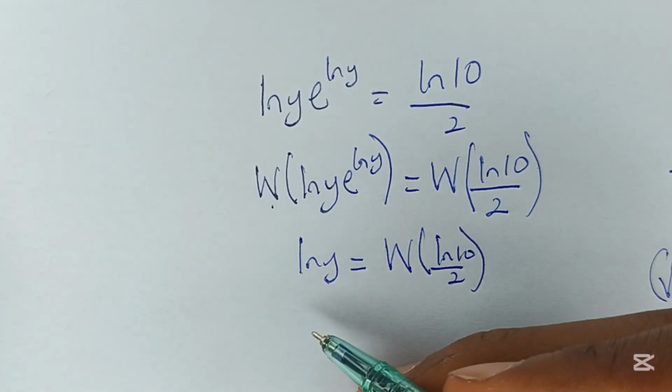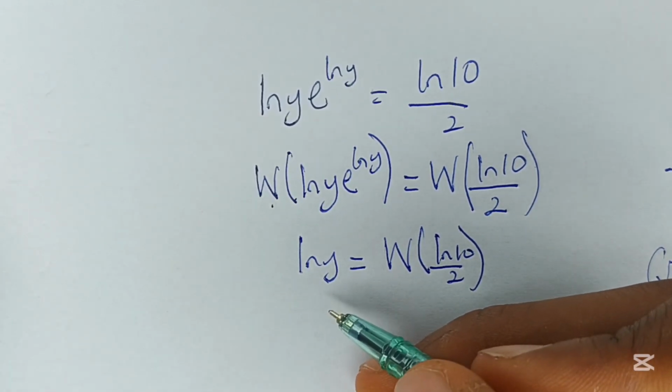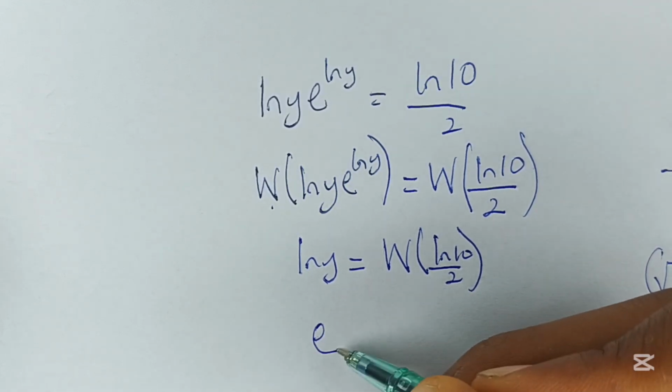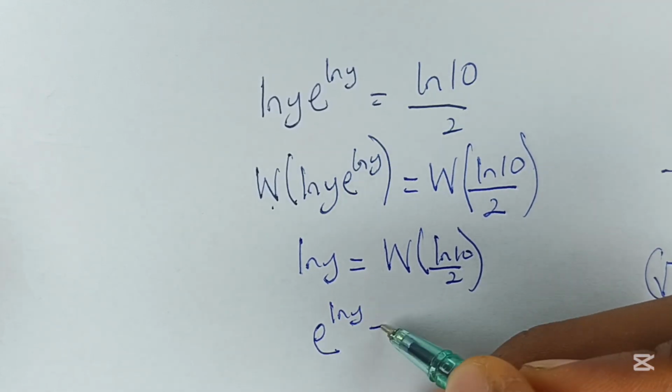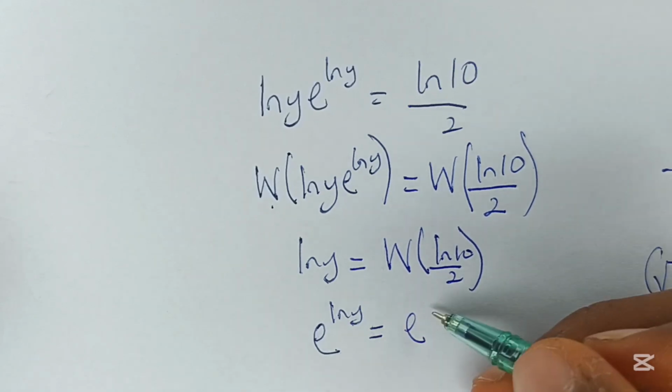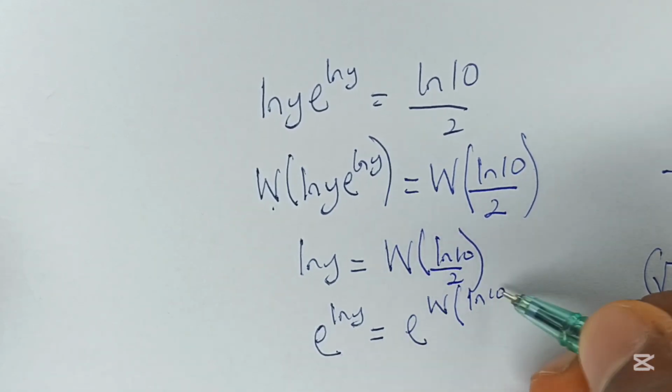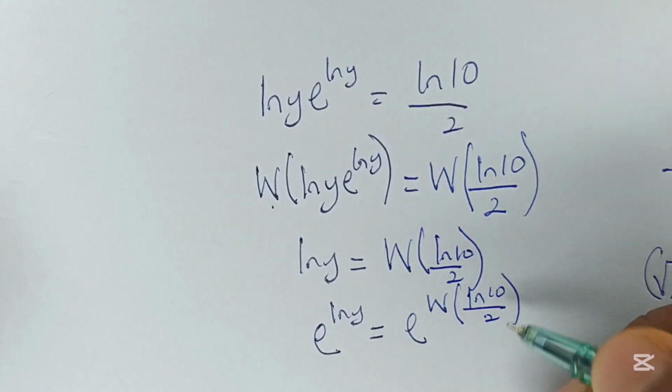Let's say that we put both of these to the power of e. So we have e to the power of ln of y to be equal to e to the power of W of ln of 10 divided by 2.